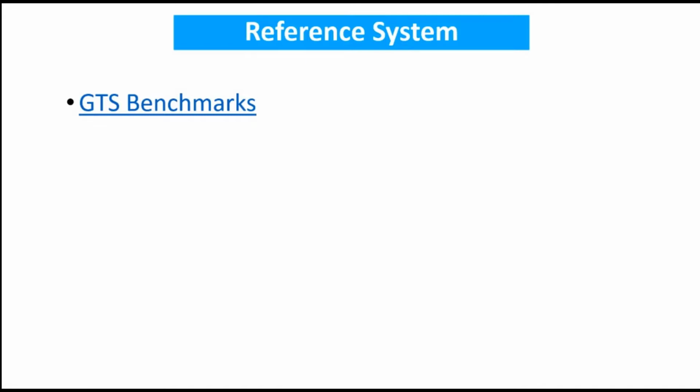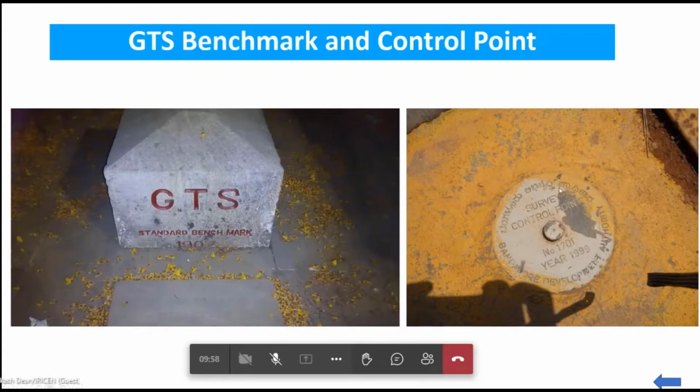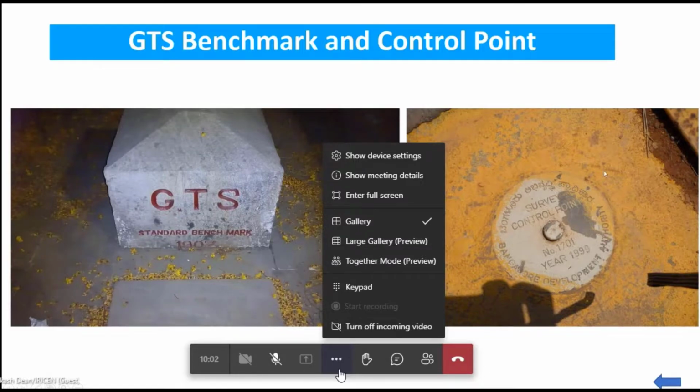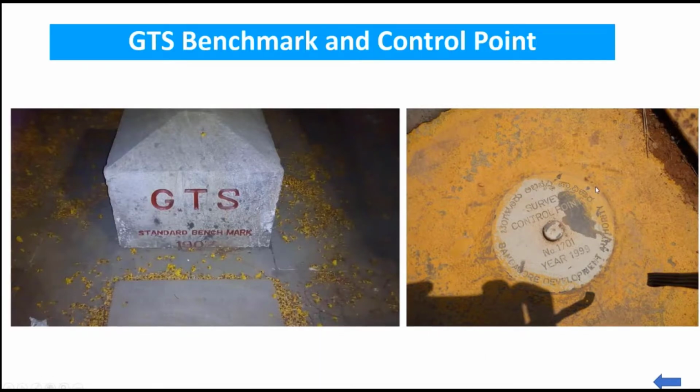Initially we discussed these types of GTS control points. Control points are also kept, and like this they have marked in the Bangalore Development Authority, and this will have northing, easting and altitude values.